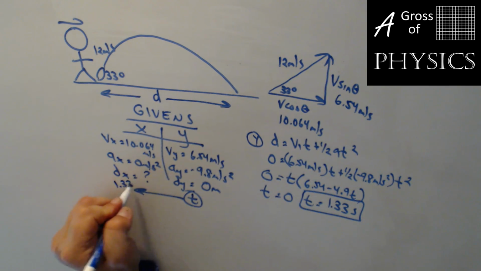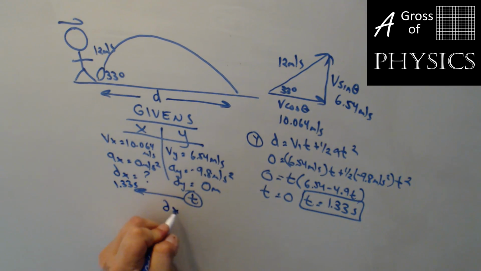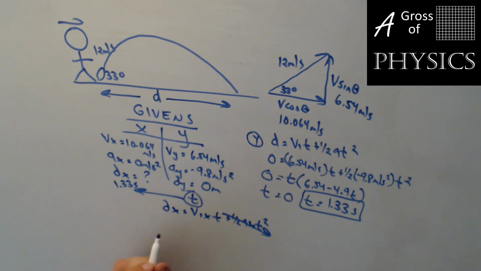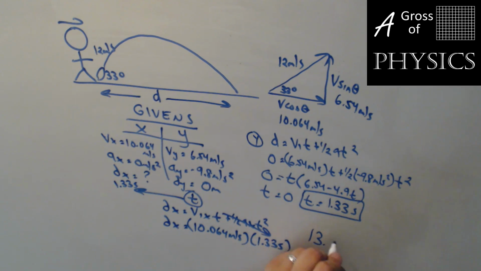So 1.33 seconds here. dx equals vixt plus 1/2 axt squared. The a term cancels, and we're left with dx equals 10.064 meters per second times 1.33 seconds, and we have 13.43 meters.